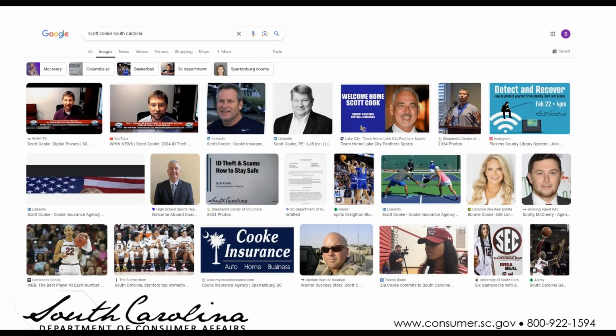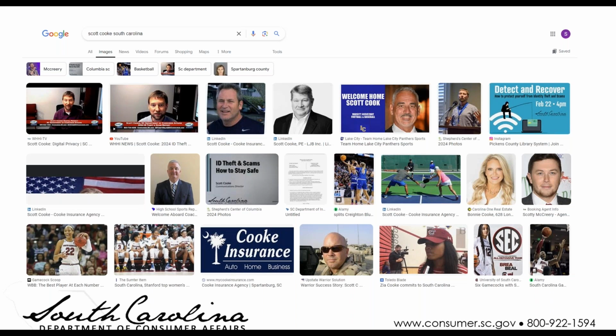But then, you can also make those searches a little bit more specific. I made this one with South Carolina, and I was interested in what images may be out there and tied to my digital footprint. You'll see the first couple are videos of me talking, but you also see, especially there on that right side on the front line, a photo of me giving a presentation somewhere.